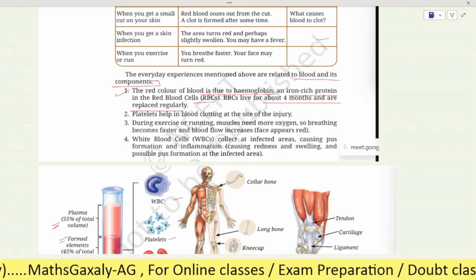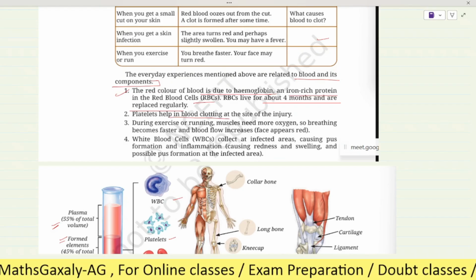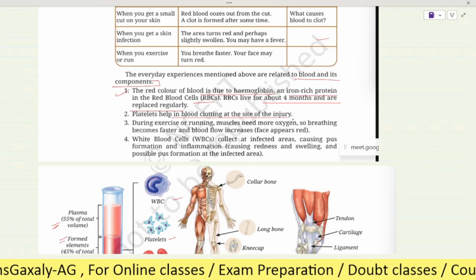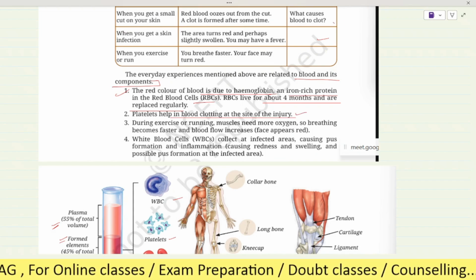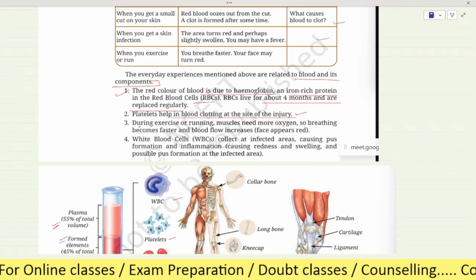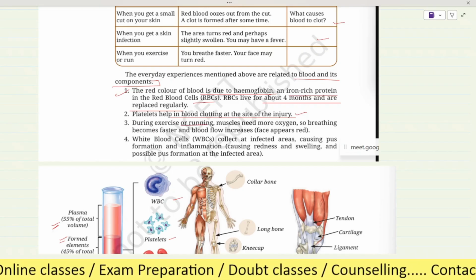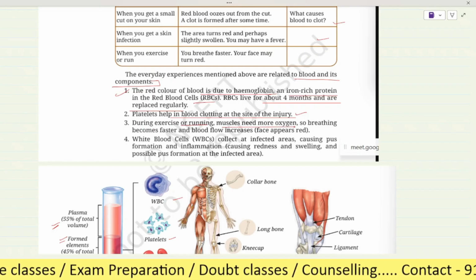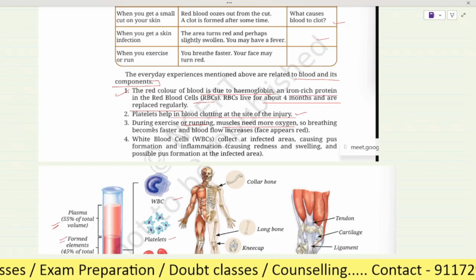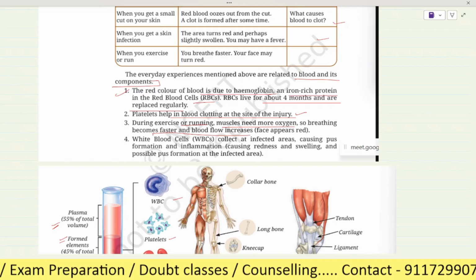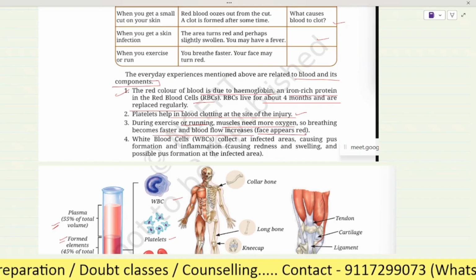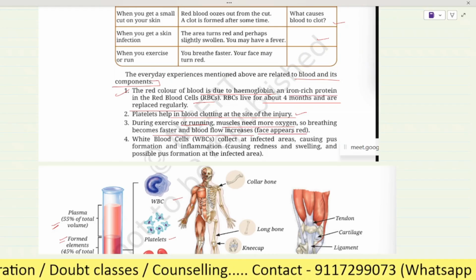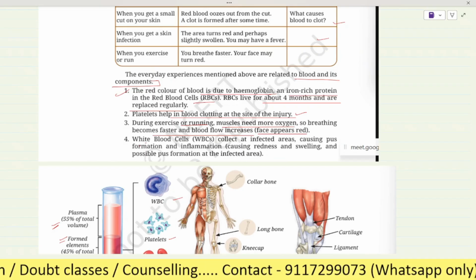The second point says that platelets help in blood clotting at the site of the injury. The same thing I explained to you in the first one. And that during exercise or running, muscles need more oxygen, the same point I told you. So breathing becomes faster and blood flow increases, due to which our faces appear red.